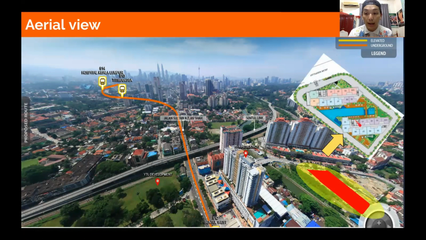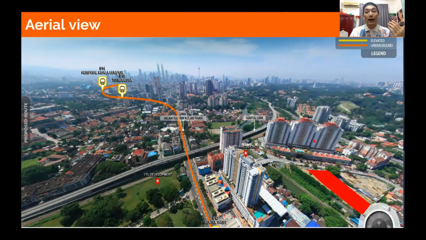You can see Block A, Block B. If you were to look for KLCC view, you look for units 10 and 11 of Block B. If you were to look at just pool view, you can look at 5, 6, 7, 8, 9. This view would likely be facing this area. So at a higher level, you should choose KLCC view first or pool view.